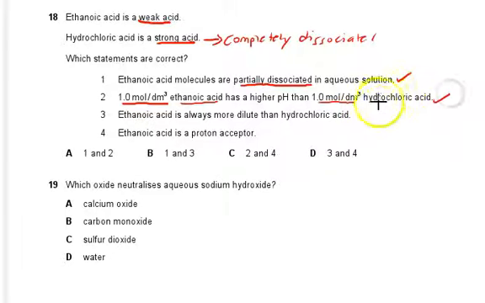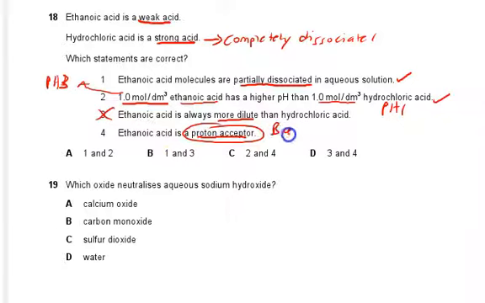This one is correct. It means the hydrochloric acid pH, let's say, is 1, and here, since it is a weak acid, maybe we just say it's a pH of 3 or 4. Now for number 3, ethanoic acid is always more dilute. No, this one doesn't make sense. Ethanoic acid is a proton acceptor. Always remember, acid is a proton donor and base is a proton acceptor. So your answer here will be 1 and 2, which is A.